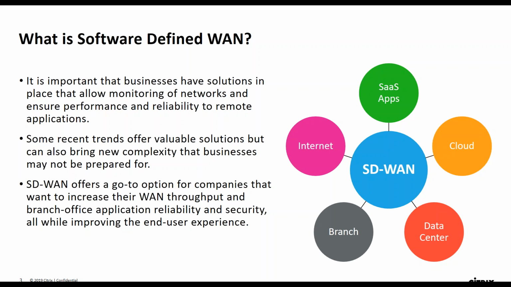So one of the things that's really key to understanding software-defined WAN is when we get into talking about what the router does across the wide area network. Traditionally, that's been divided into two segments, which we call the data plane and the control plane.